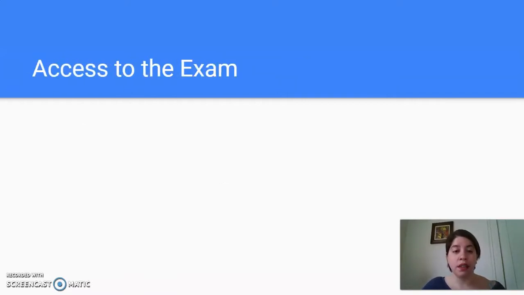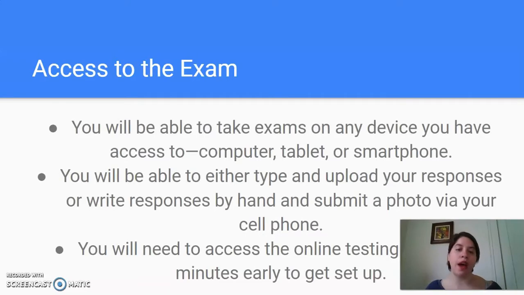All right, access to the exam. So who will have access? You'll be able to take the exam on any device you have, whether it's a computer, a tablet, or a smartphone. They've made sure to make it accessible to all of those different types of devices, which sometimes is tricky because sometimes what works on a computer doesn't necessarily work on a smartphone or a tablet.